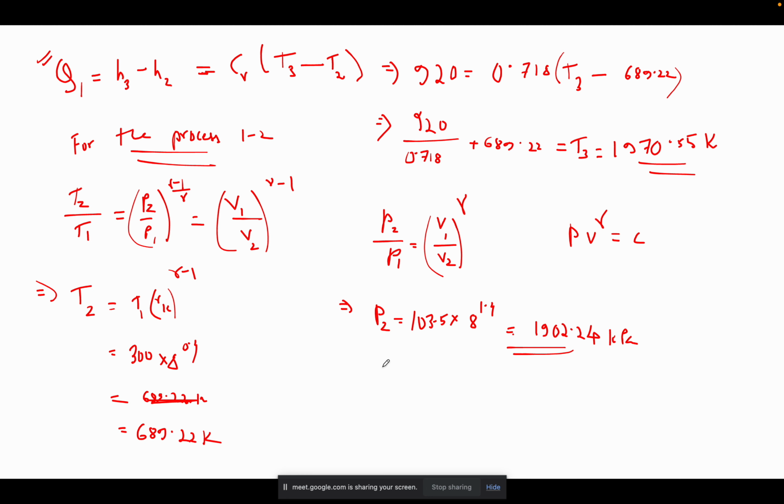Now how to calculate P3? So for the process 2 to 3, we can write P2 V2 by T2 is equal to P3 V3 by T3. Now 2 to 3 process is a constant volume process, so V2 and V3 will cancel each other, and from here I can calculate P3 as T3 by T2 times P2.